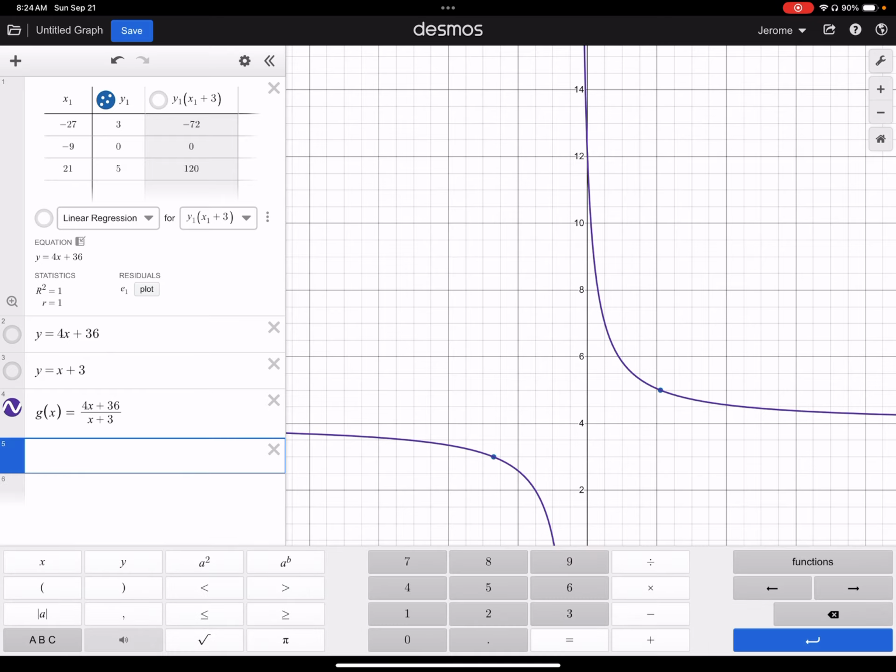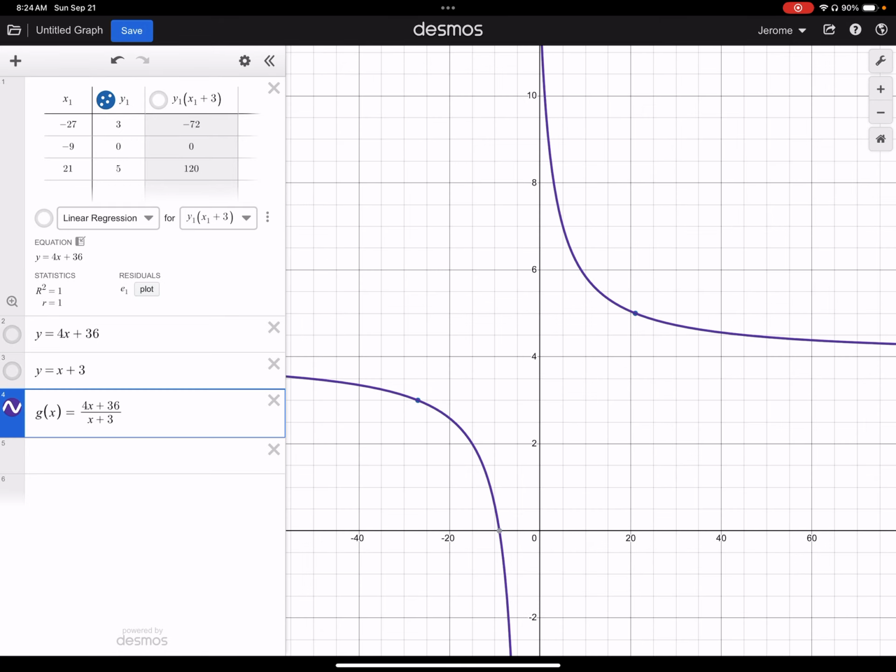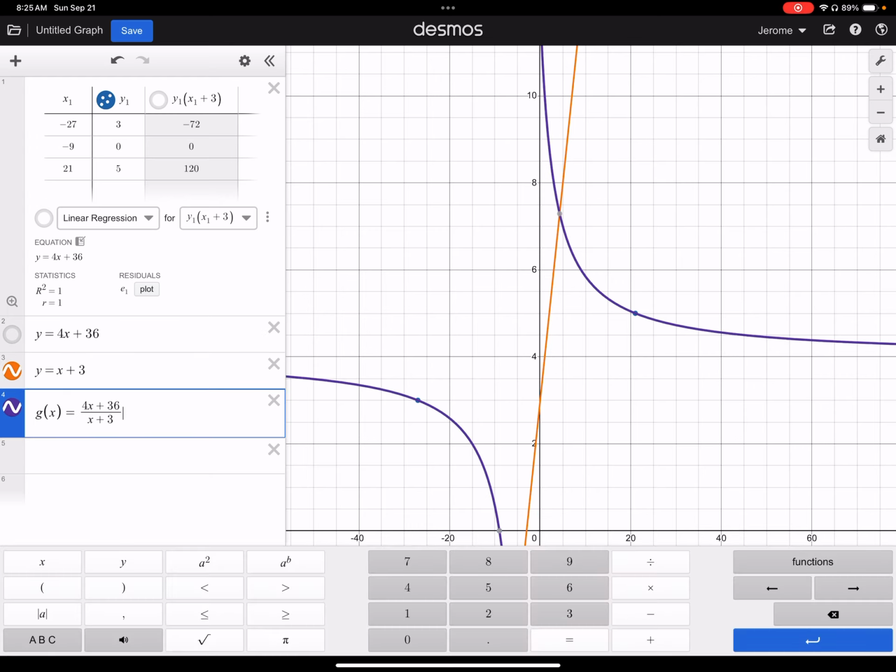Anyway, let's look at this. If I put this thing back in there, this is the denominator, the orange graph, where it is equal to 0, that's x equal to negative 3. At the very beginning, I explained that we couldn't divide by 0, and if I plug negative 3 into x on the bottom, I just divided by 0.